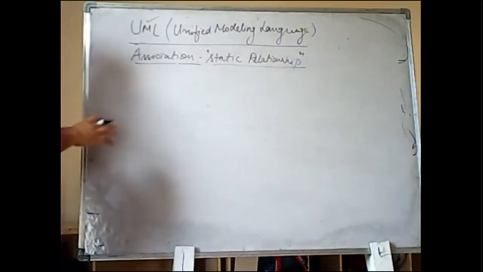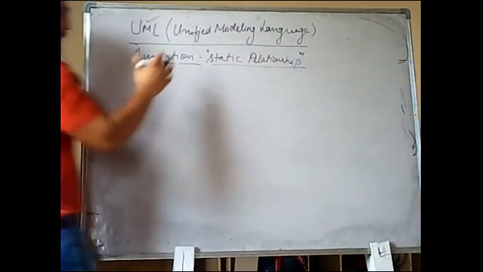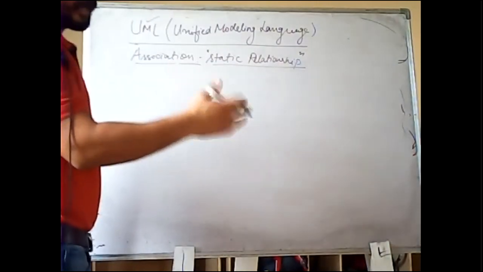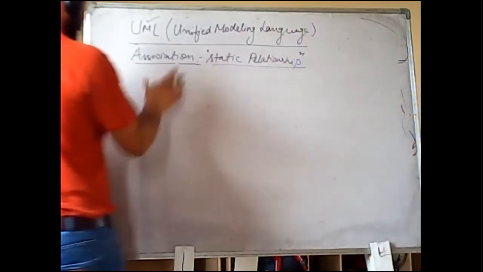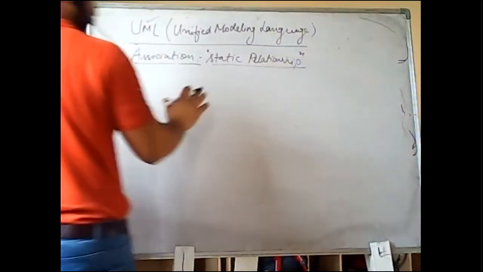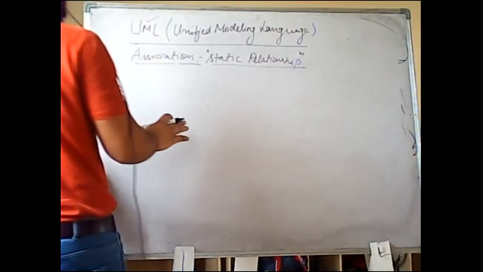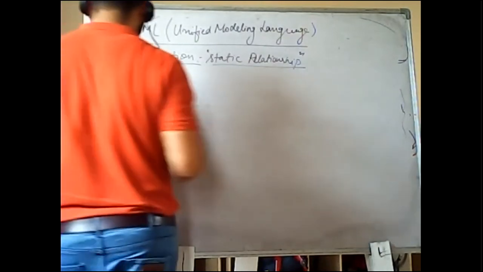Generalization and specialization are used for a dynamic relationship that can be changed while drawing your diagrams or implementing your design. But association is initially mentioned, a relationship should be there between your entities.